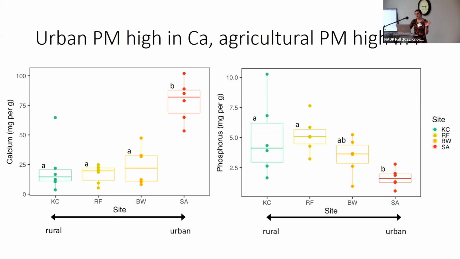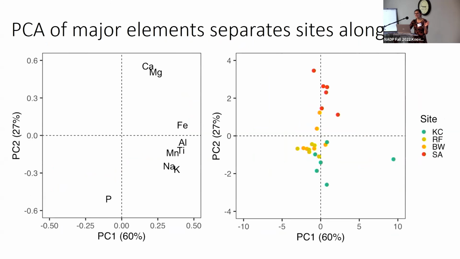I'm not going to do this for every 55 elements. Instead, here is a principal component analysis just of 9 of the most major elements that I've had a chance to look at so far. And what we can see here is that using this principal component analysis, PC2 seems to be really separating our sites out along this transect.